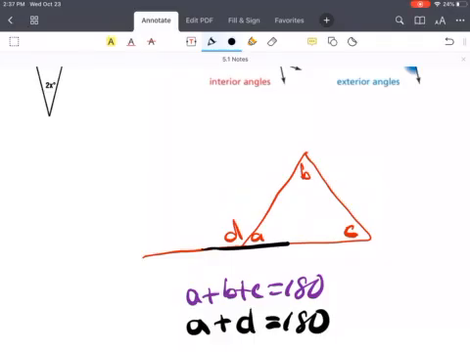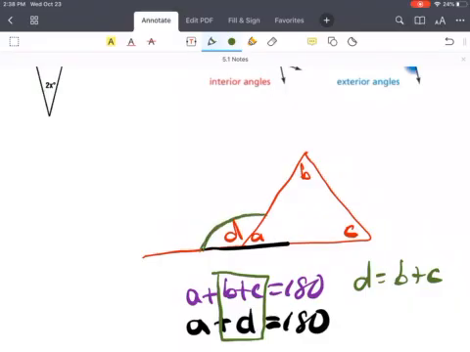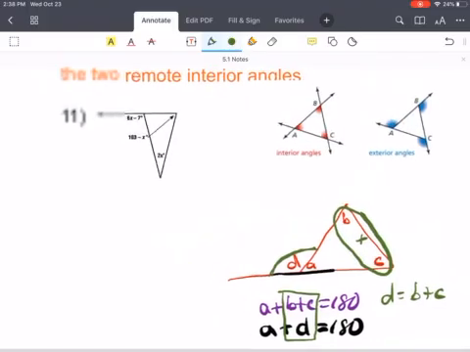And we see 2 equations that have A and equal 180 degrees, and so we can justify that B plus C and D have to be the exact same thing. And so what this theorem is talking about is that D is an exterior angle of the triangle, and it's always going to have to be equal to the remote interior angles within that same triangle.